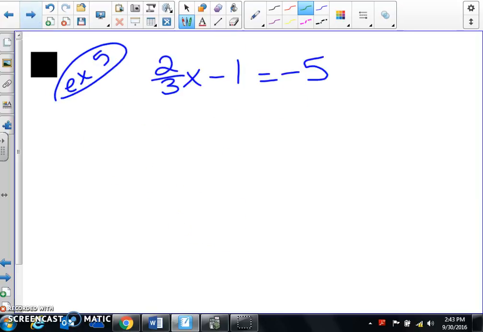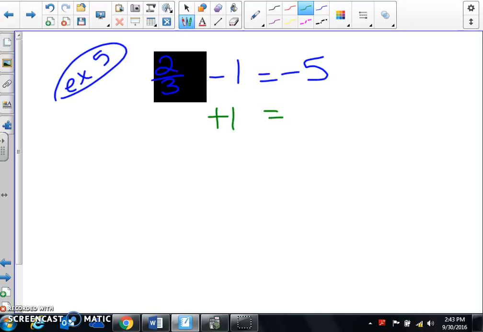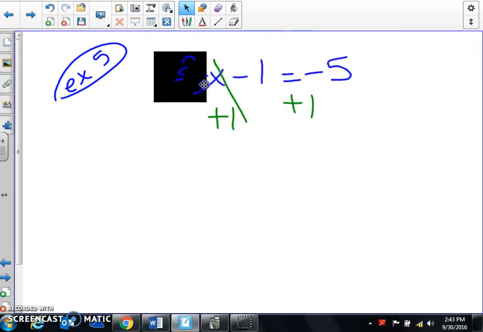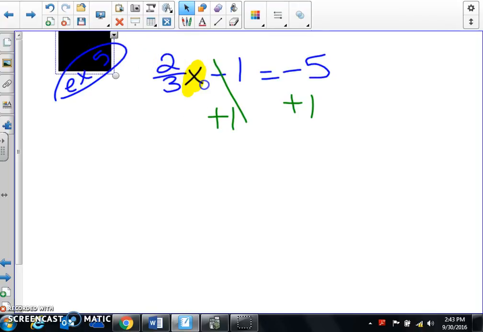All right, we got 2/3 x minus 1. Here's our variable. I'm going to cover up everything touching it. So I'm left with a minus 1. The opposite of subtracting 1 is adding 1. Those cancel. I'm going to get rid of this box. All right, so I drop down my 2/3 x.